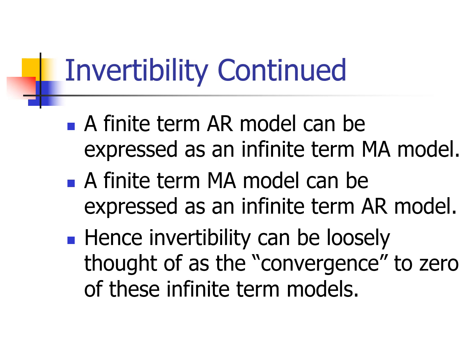Similarly, if we have a moving average model with some finite number q of terms, we can mathematically re-express that as an autoregressive model with an infinite number of terms.